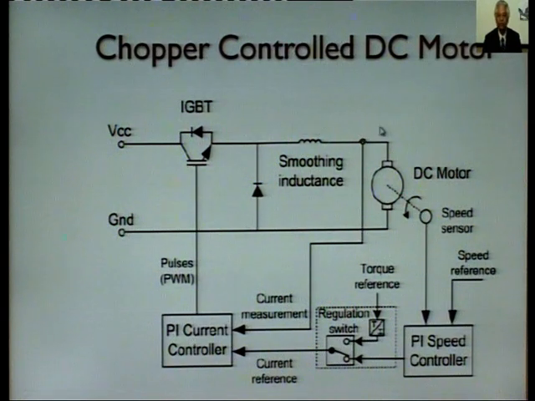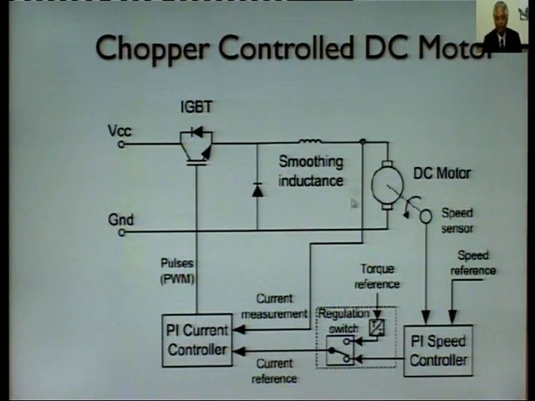This is the smoothing inductance, as you will know, and this is the DC motor coupled with a sensor, that is a tacho generator many times, because you have to get the feedback, and it goes to the PI speed controller. Here you have a torque reference, regulation switch, and also this reference.